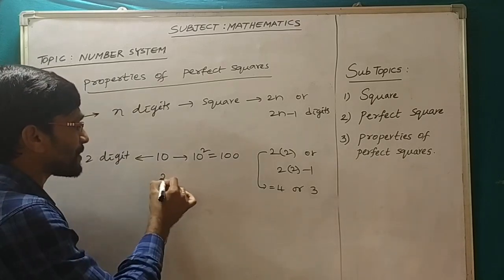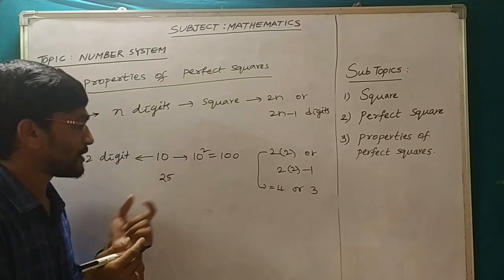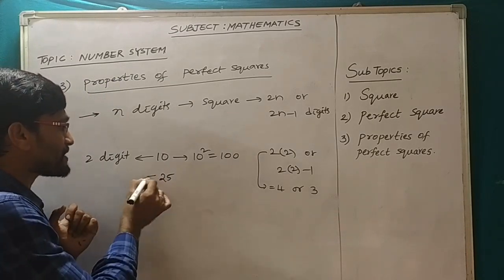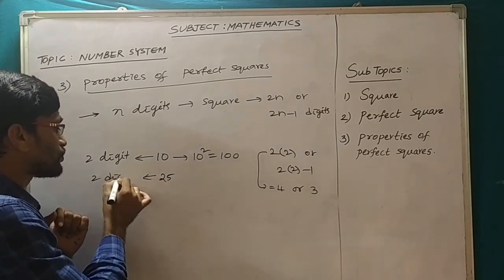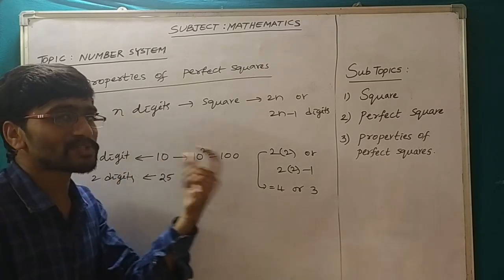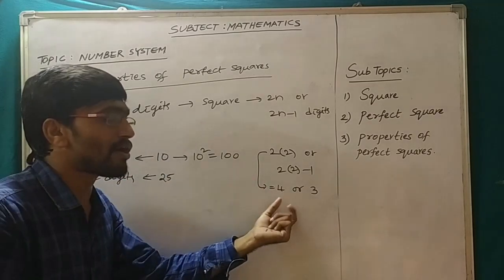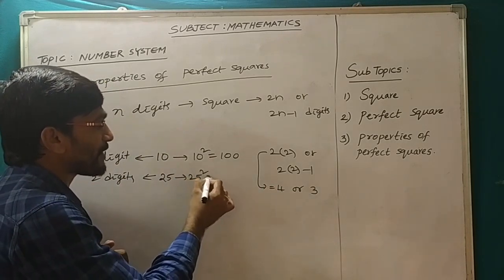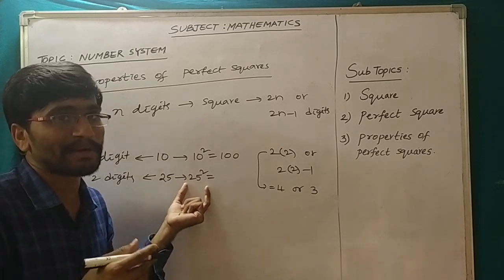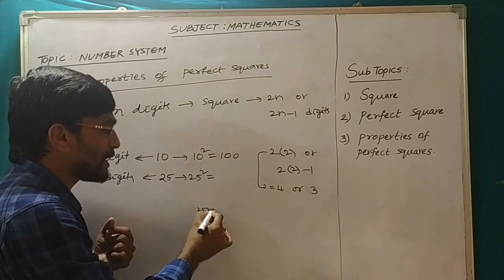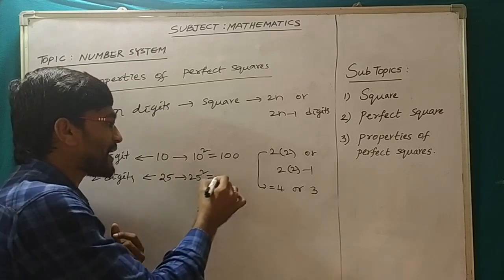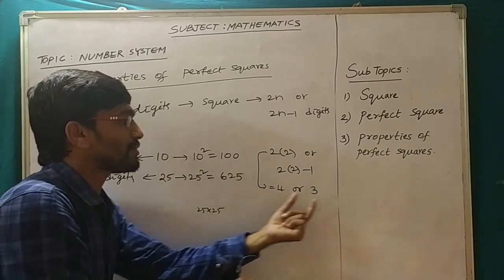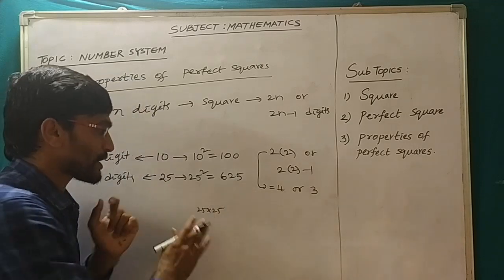Let us consider another number 25. Which has how many digits? 2 digits. Then its square has either 3 digits or 4 digits. Is it correct or not? We have to verify. 25 square is nothing but 25 into 25. By multiplying that, we will get 625. Got 3 digits or not?